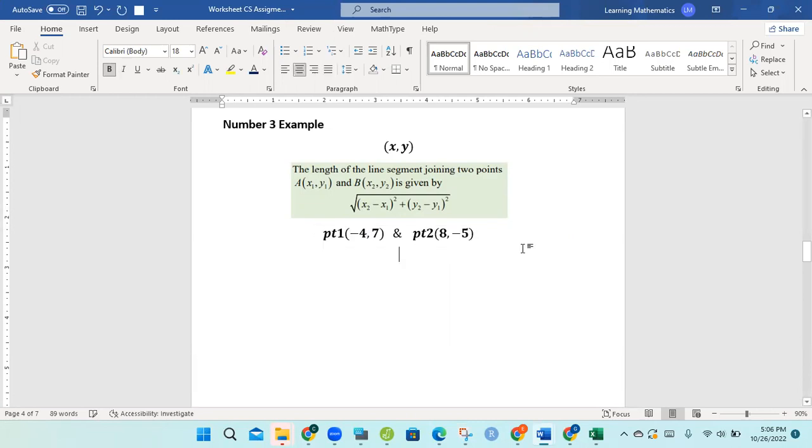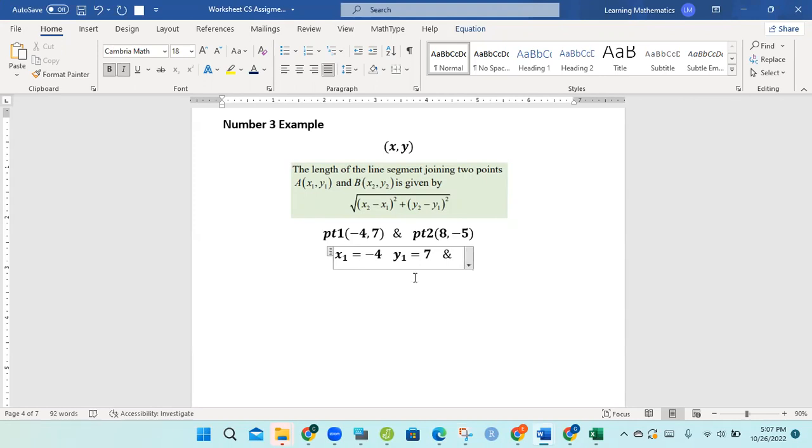So x1 logically looks like negative 4, and y1 looks like 7. x1 and y1, that's for point number 1.